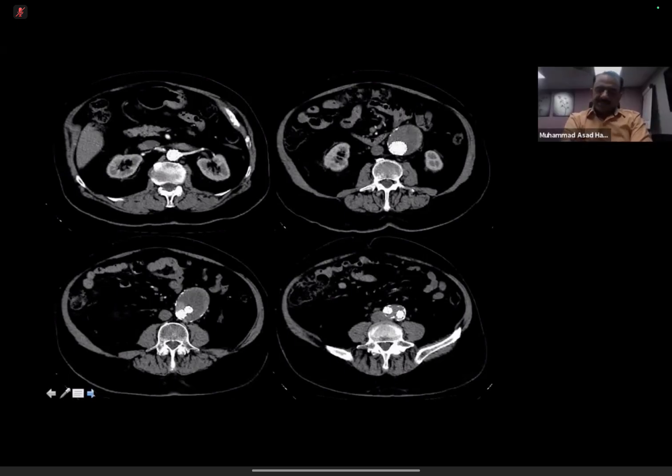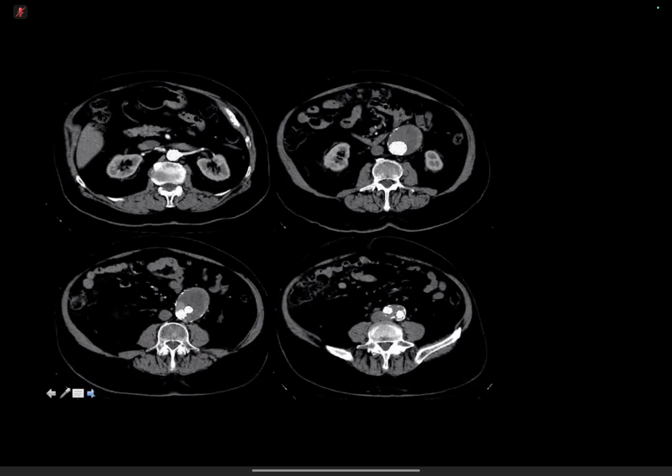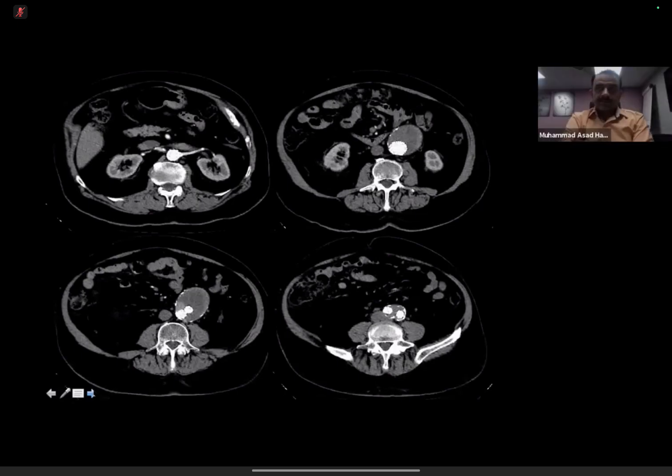Is there any other radiological investigation which can help in further defining what type of endoleak this may be? Can you do direct angiography? Would that help? In direct angiography, you normally inject just about 15 ml of contrast. That can help, but it may not be very helpful.